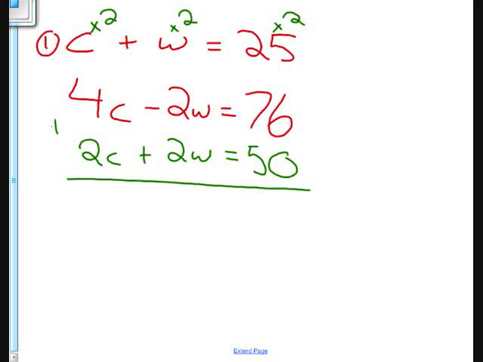Now we add these together. 6C equals 126. C equals 21.